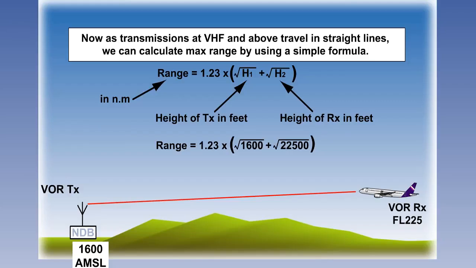So, suppose the transmitter is at 1600 feet above mean sea level and the aircraft is at 22,500 feet. Their square roots are 40 and 150, respectively. Multiplying by 1.23 gives us the answer 233.7 nautical miles.